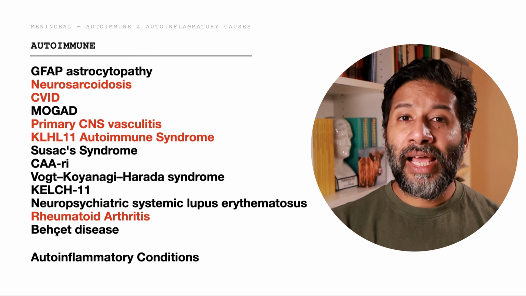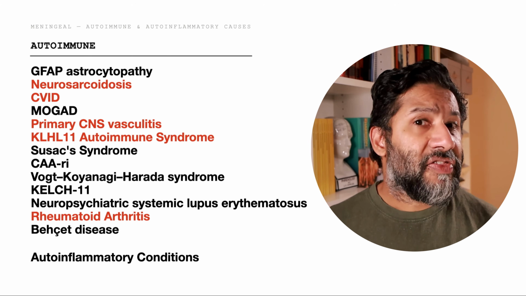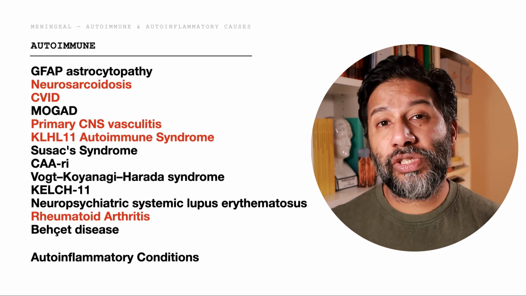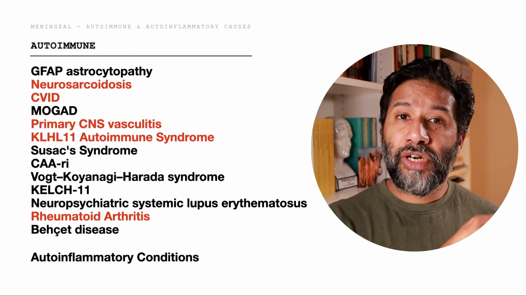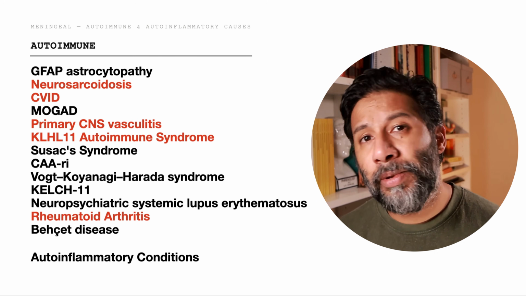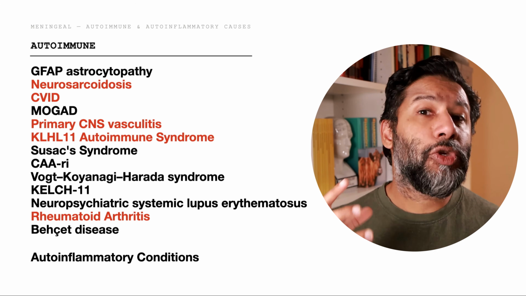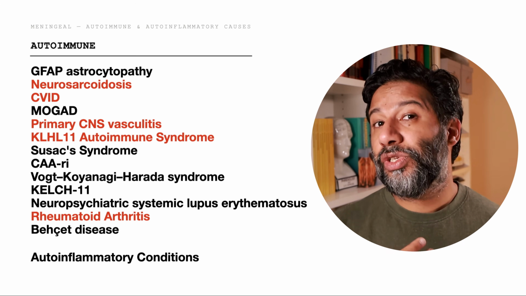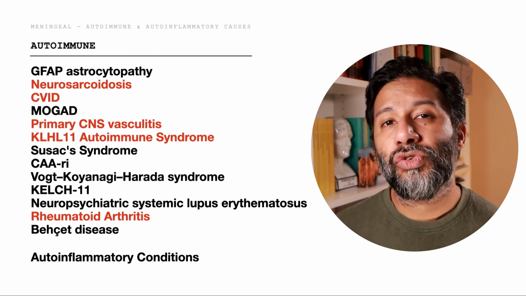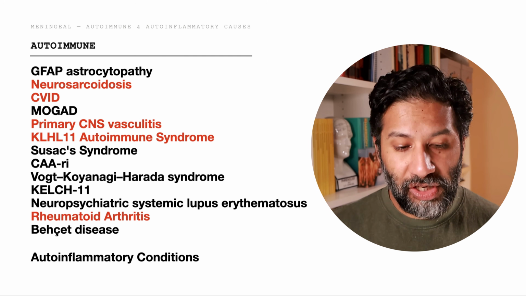Now, the classic prototypic one is familial Mediterranean fever. However, there are lots of conditions that can present neurologically secondary to problems with the innate immune system. The classic one is cryopyrin-associated periodic syndrome, CAPS, which is due to an NLRP3 mutation. And so these patients can present with recurrent meningitis, recurrent encephalitis due to autoinflammatory dysregulation.